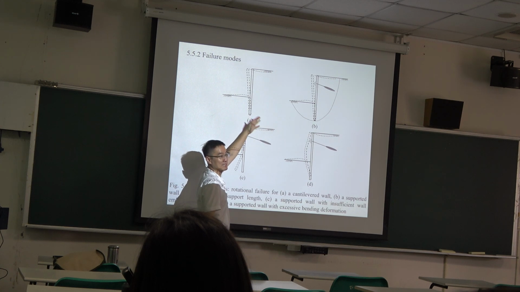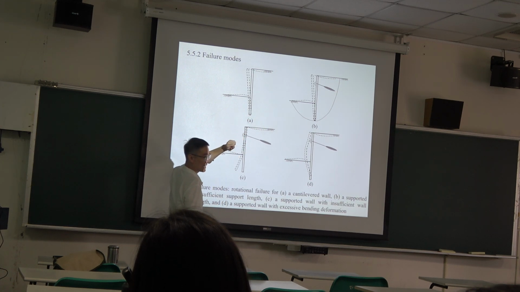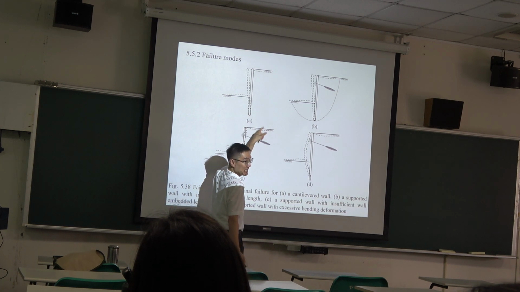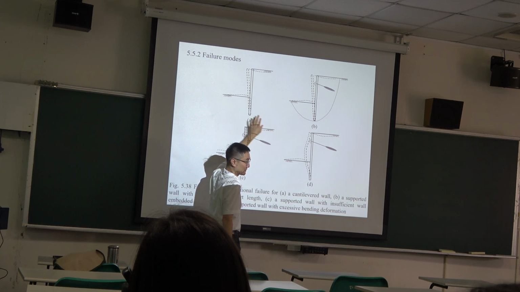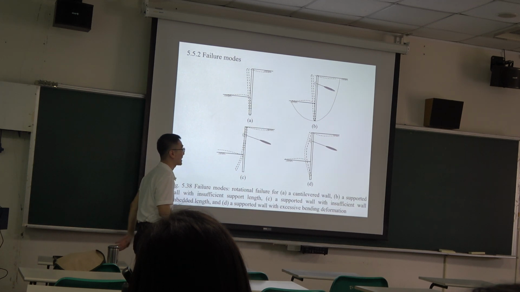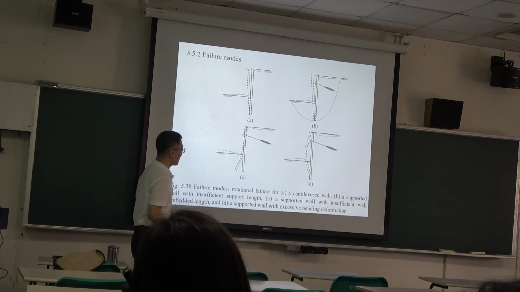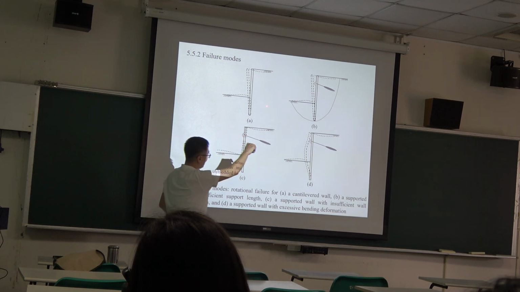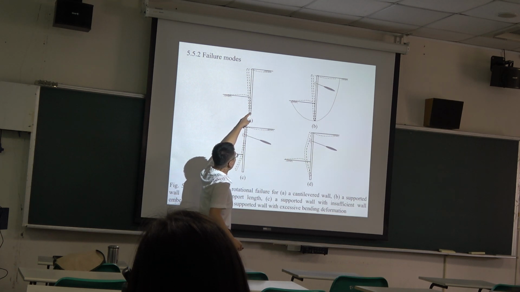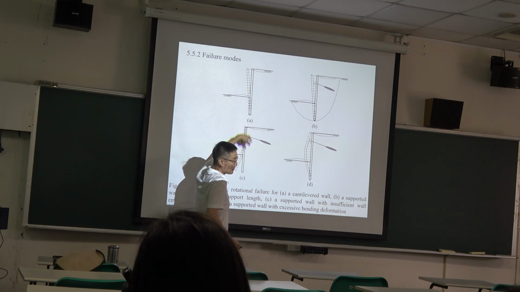Can you imagine? Because it's flexible, due to the deformation, when this part is long enough, this side will be passive, this side will be active. I'm talking about the bottom soil. Then with this type of reinforcement, the wall becomes very deep.